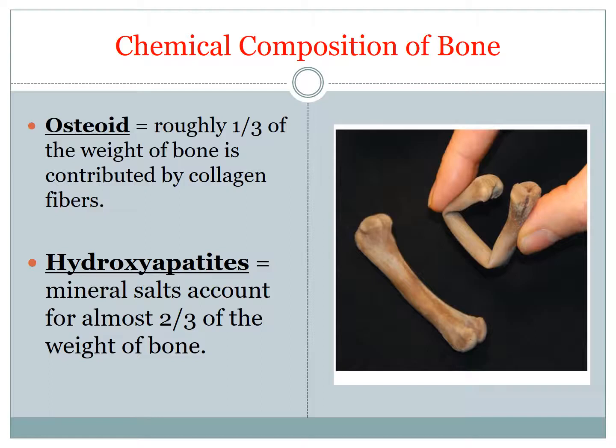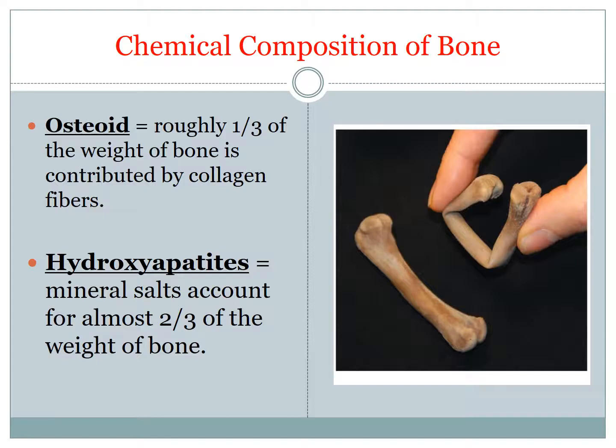Calcium phosphate interacts with calcium hydroxide to form crystals of hydroxyapatite. As they form, these crystals incorporate other calcium salts, such as calcium carbonate, and ions such as sodium, magnesium, and fluoride.